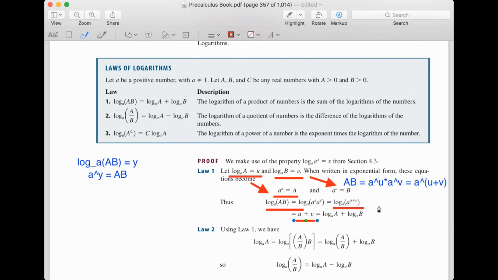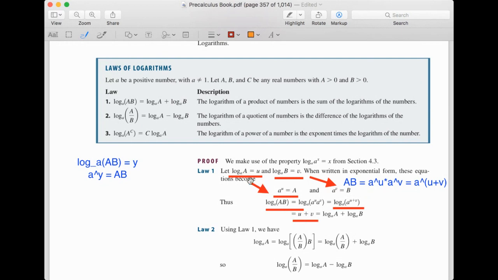Here it is the same. Exponential and log are inverse, opposite operations. So if we raise the term in exponential form and take logs for the same base, it's as if we didn't do anything to u plus v. So that's why the whole thing becomes u plus v.